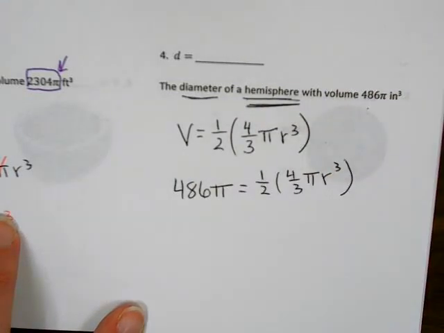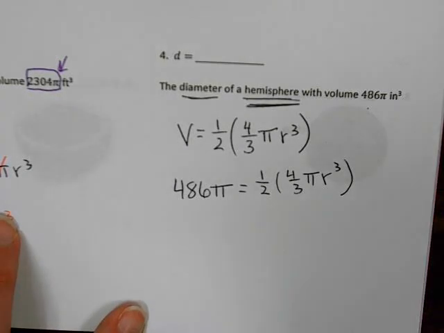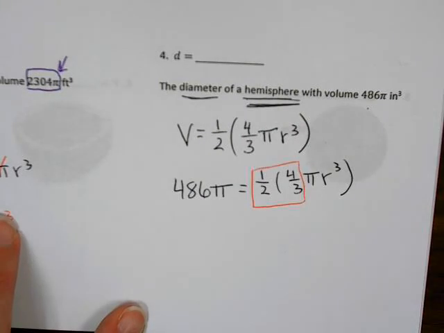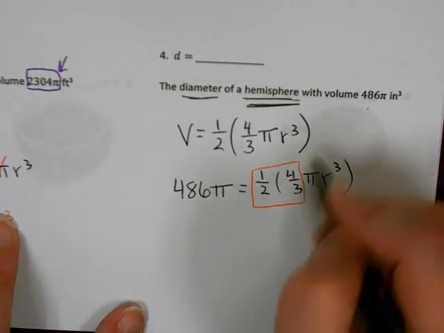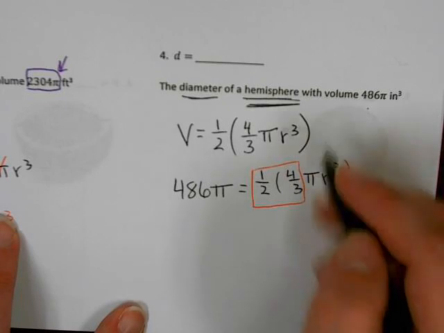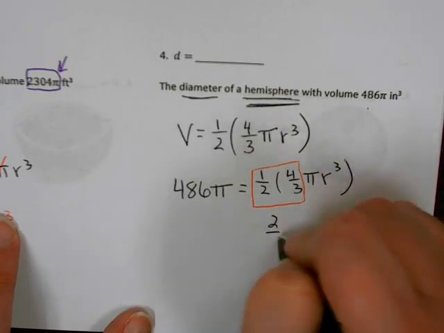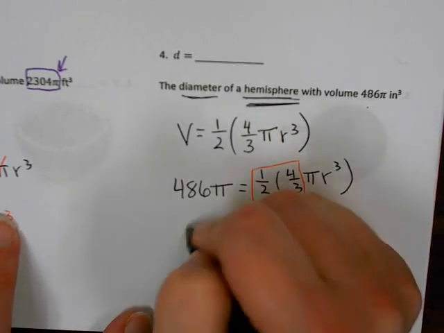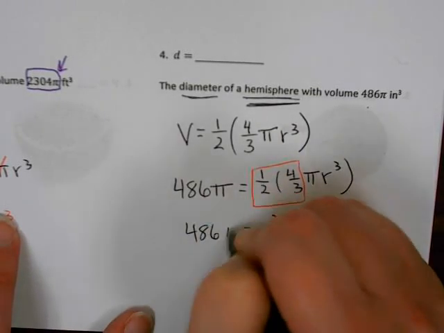Then we're going to have to start doing some simplifying here, right? I think the first thing I would do is probably multiply these. 1/2 times 4/3, and we end up getting, hopefully you guys agree with me, 2/3. So 2/3 pi r cubed is going to equal 486 pi.